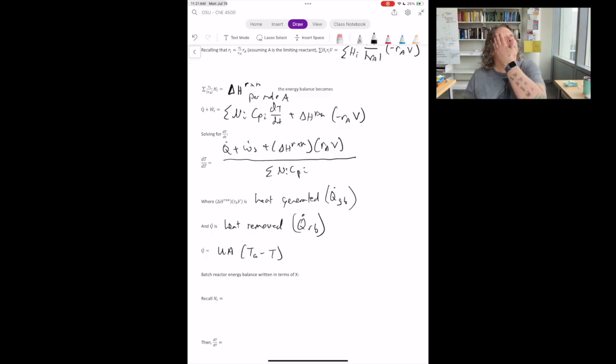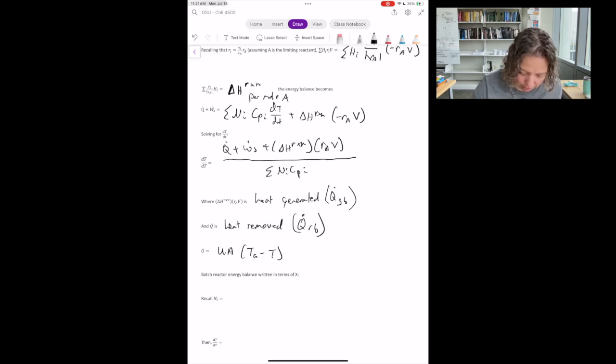Ta is the cooling fluid temperature, which we're going to assume is constant. So what this tells you is that this term is going to be positive if that cooling fluid temperature is greater than the reactor temperature or the system volume temperature, and it's going to be negative if the cooling fluid temperature is lower than the system volume temperature.